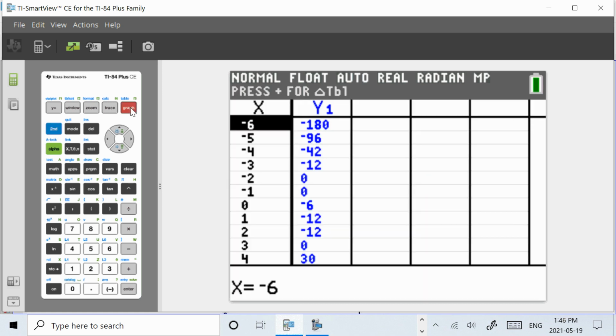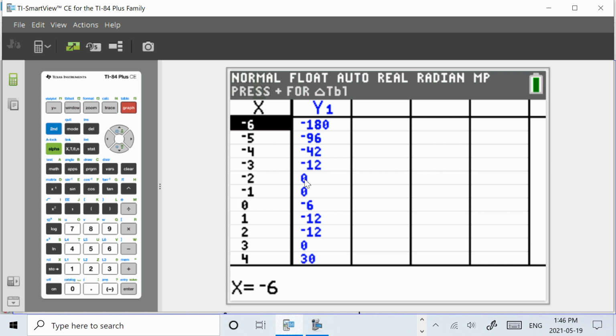If you go to your table, what you are looking for is when y is equal to 0. That means that this is an x-intercept. There's an x-intercept at -2, at -1, and at 3. Those are my 3 x-intercepts of the graph. So the zeros of this polynomial function are -2, -1, and 3.